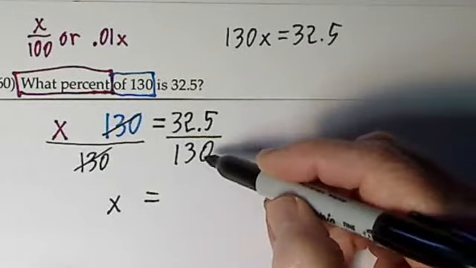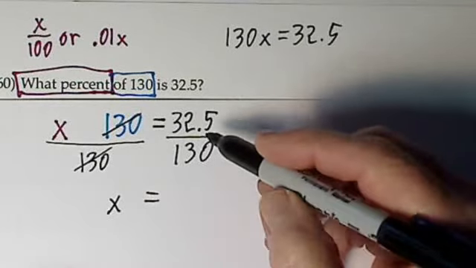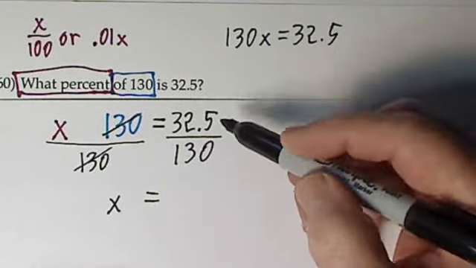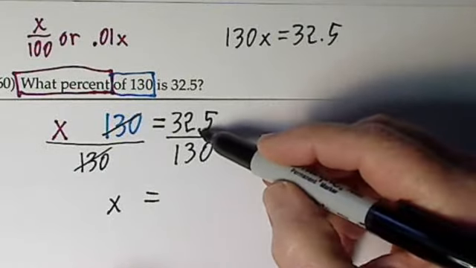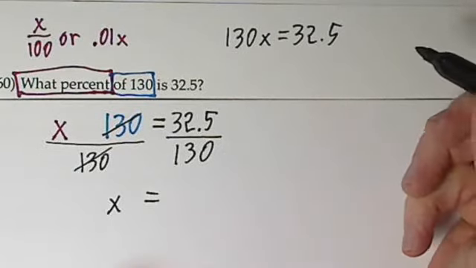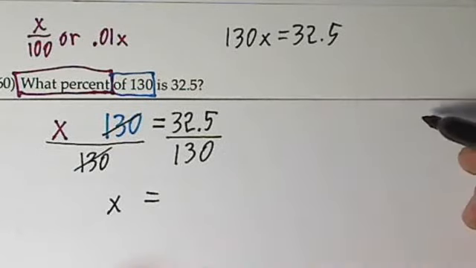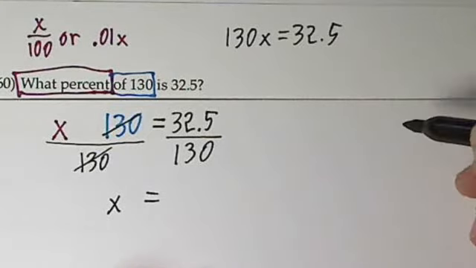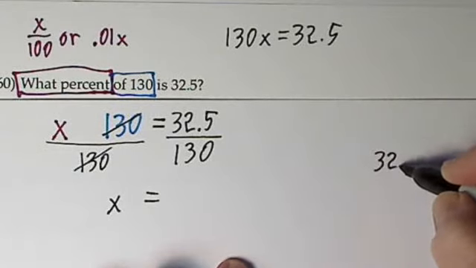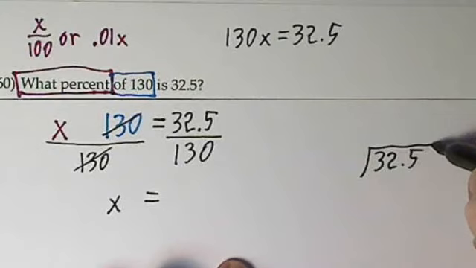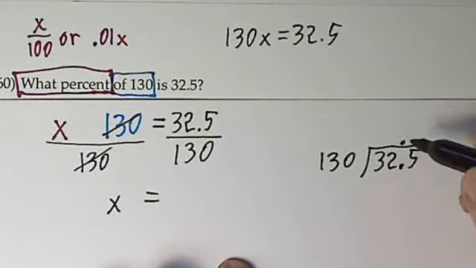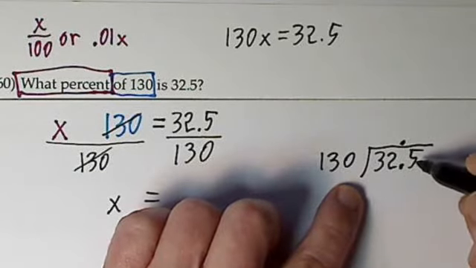How to approach this? I could just perform the division. It's probably the best way to go. The other possibility would be to get this decimal out of the numerator. I could multiply by 10 and multiply by 10. I think I'll end up just doing the division, so let's do the division over here. If you have a decimal here, you have to tell the world. 130 goes into 325.